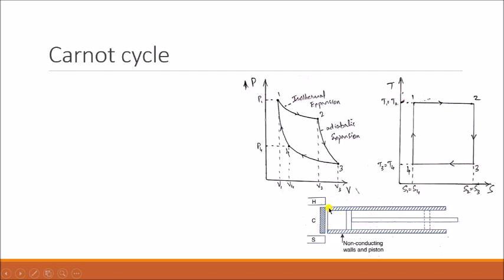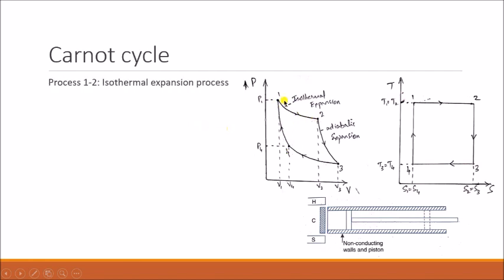We will be using two bodies: H, the hot body, and S, the sink or cold body. And C is a diathermic material. Heat can be passed through the diathermic material, but heat cannot be passed through the adiabatic material. Now we'll see the processes one by one.